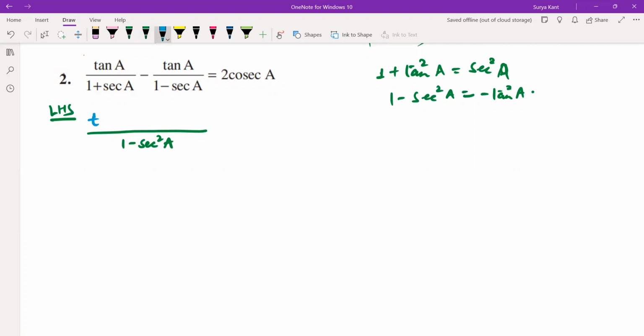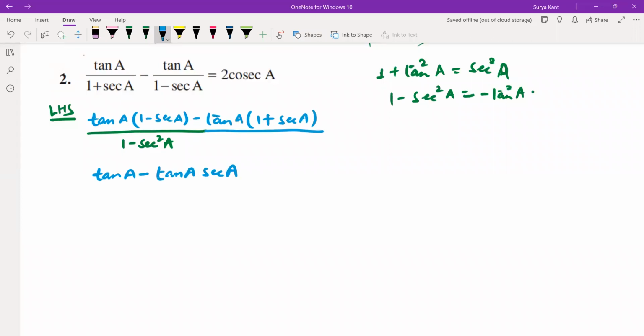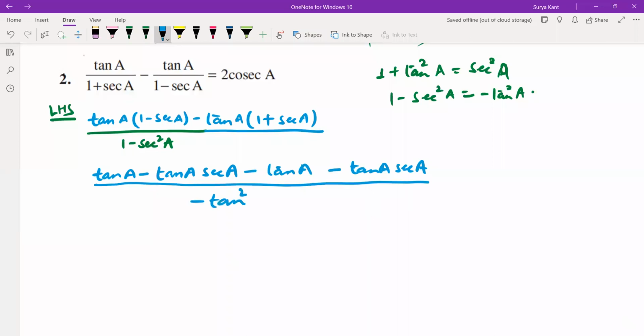So here we get it as tan A, 1 minus sec A, again minus tan A, 1 plus sec A. So tan A minus tan A sec A minus tan A minus tan A sec A, whole divided by minus tan square A, right?